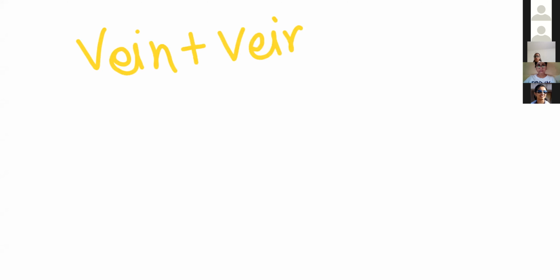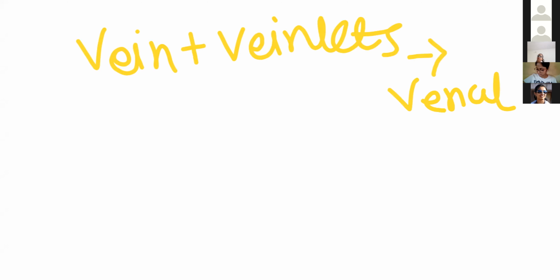That's the venation. Next topic is venation. Venation is the arrangement of veins plus their veinlets, the small branches of the veins. So how vein plus veinlets are arranged in the leaf lamina forms venation.